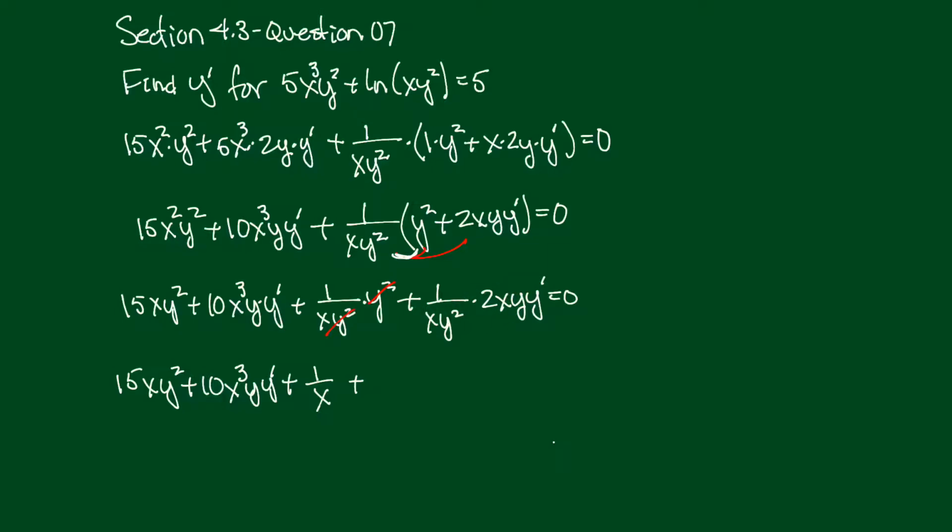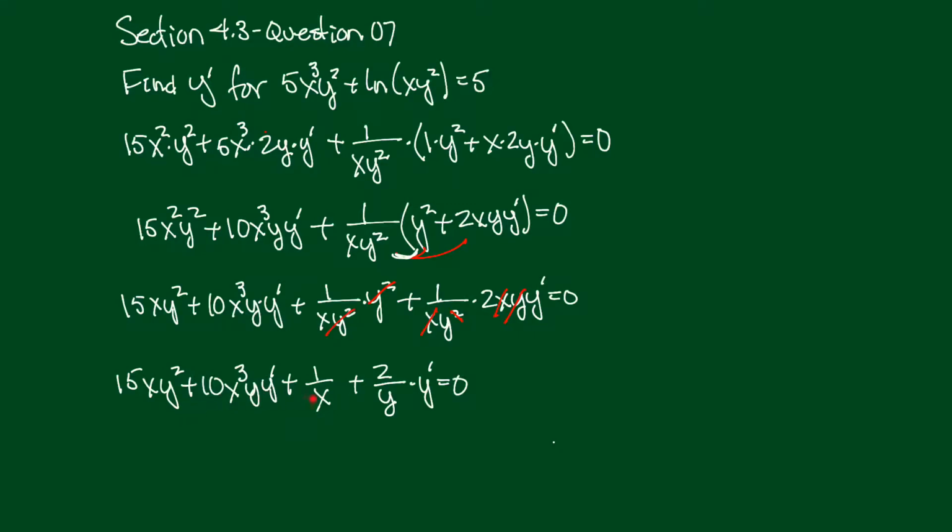Well, it looks like this x will cancel with that one. This y here will cancel with one of those, and we're left with, well, what are we left with? That 2, the y prime, and a y down here. So we're left with a 2 over y, and then that y prime, that's all equal to 0.